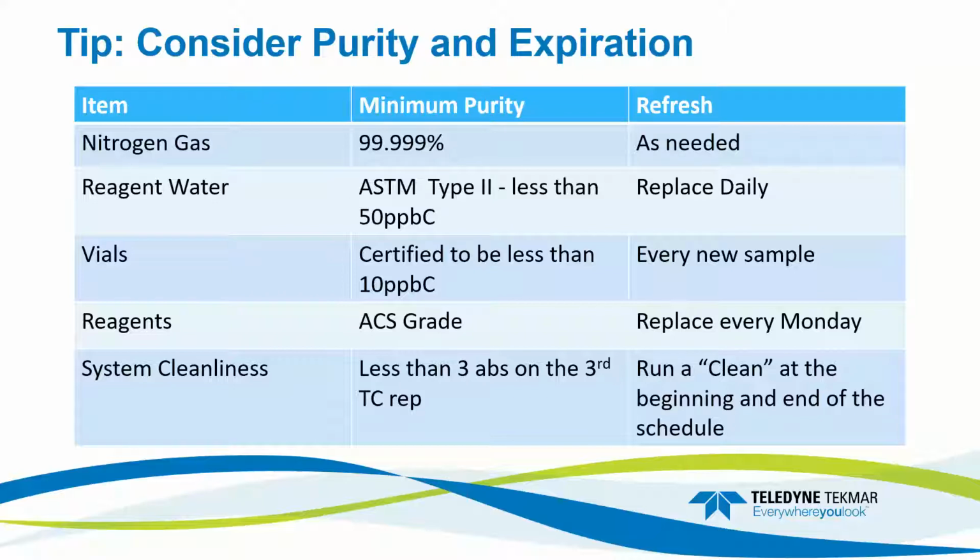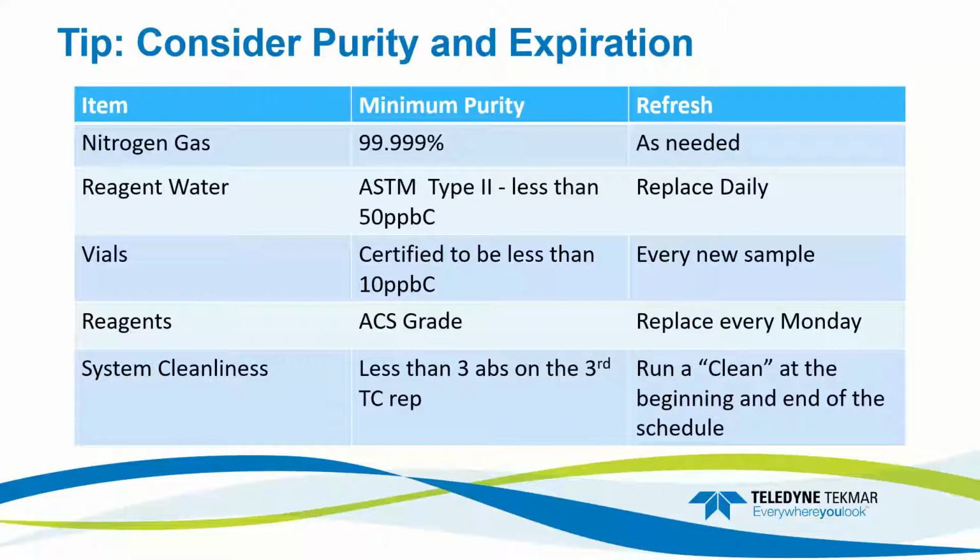Vials should be certified to contribute less than 10 ppb of carbon, and you shouldn't reuse vials, so you need to put new vials in for each sample every day. Reagents such as your persulfates and acids should be a high technical grade, ACS grade.